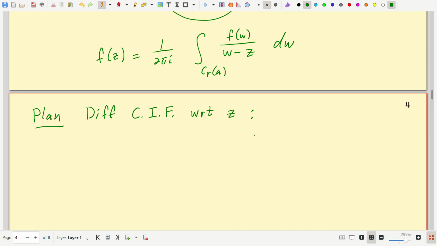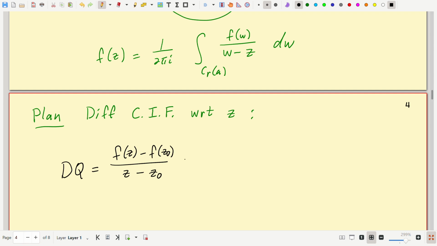Okay, the difference quotient is going to be f of z minus f of z naught. That z naught and z are going to be close together, of course, in that picture.